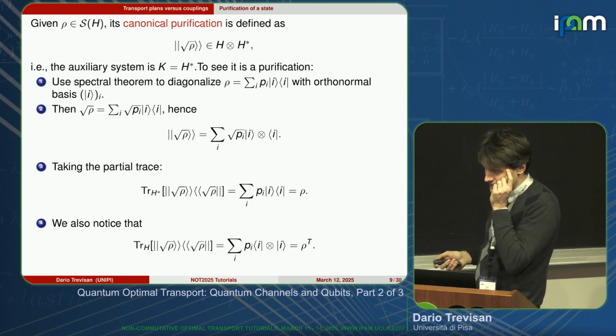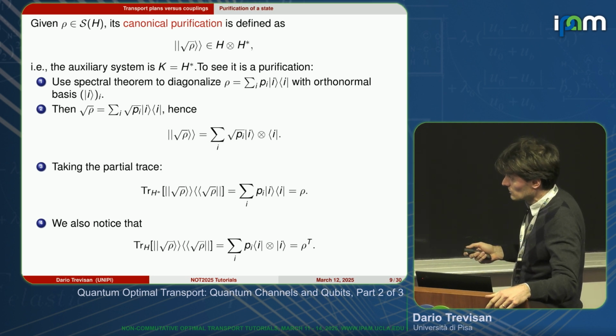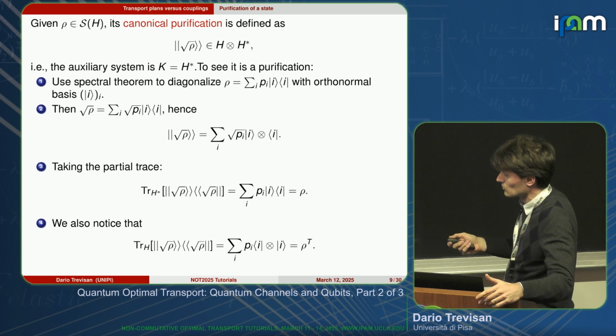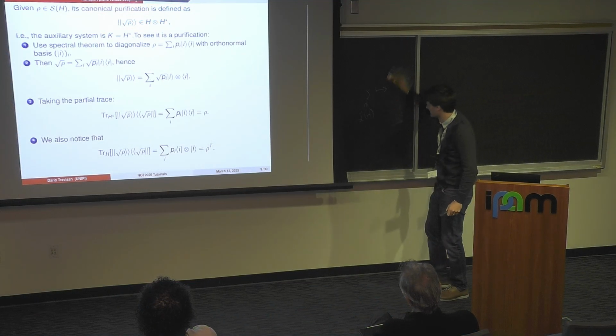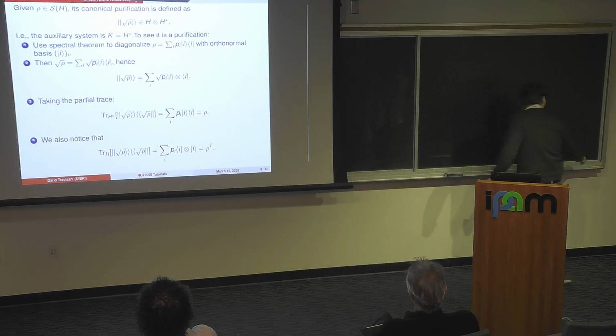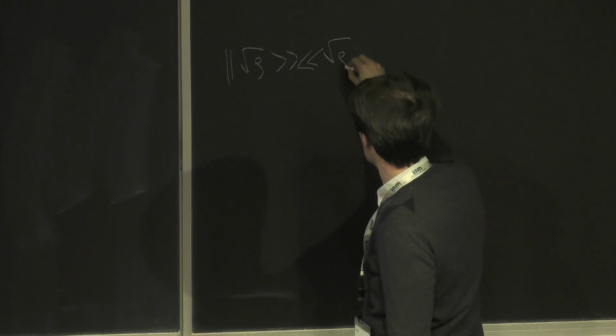Now, what happens if you do the partial trace? Do you remember? We need essentially to freeze. Maybe we can do it explicitly instead of just telling it. You have this rho, the square root of rho.